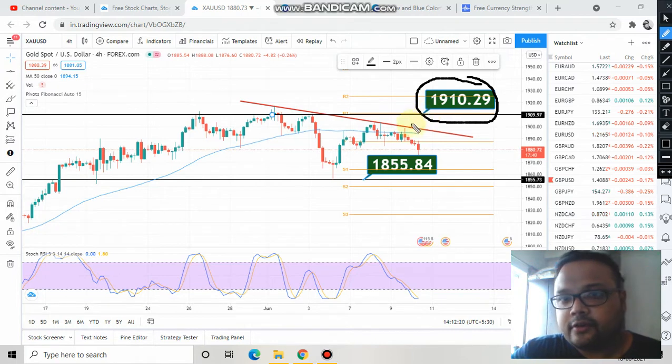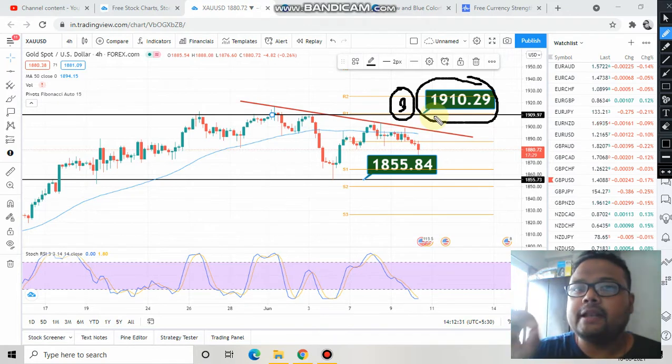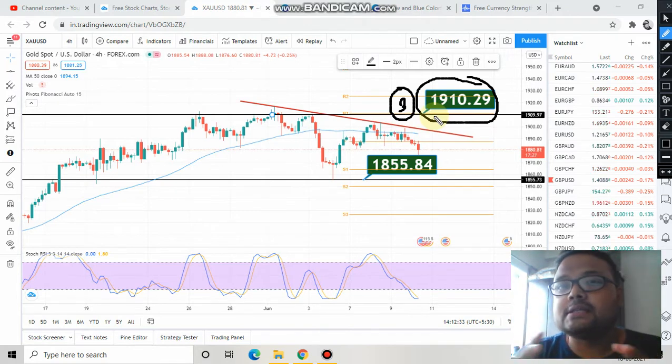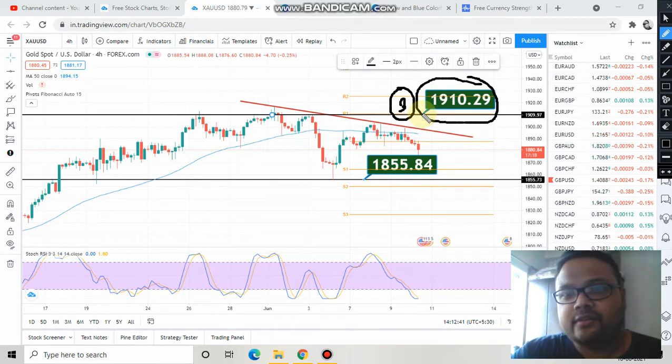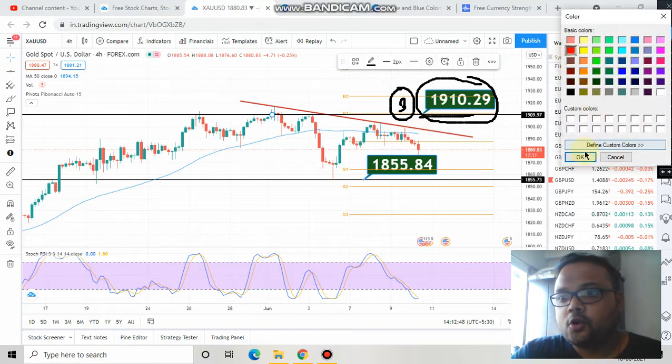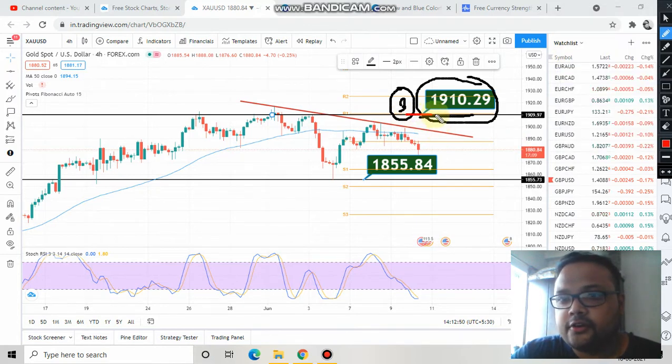If the market goes up from here, again observe the price at this resistance level, because this is your third trading opportunity. If you see that price is struggling at the 1910 level, there's a good possibility that the market will reverse, and then you can short the market at this level, 1910. This is your third trading opportunity.